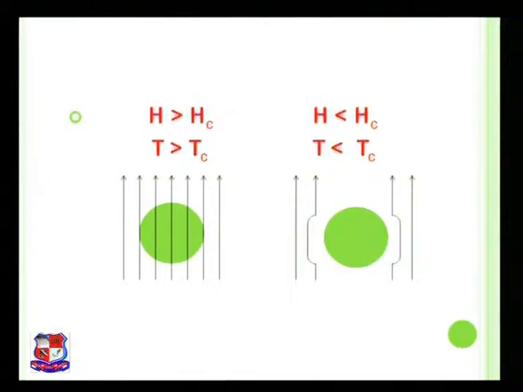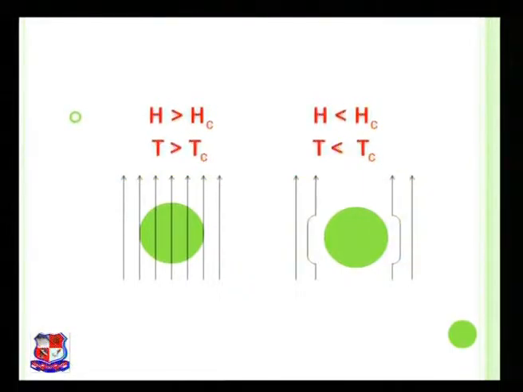Now you can see in the second diagram, the flux lines are not able to pass through that circle. That means the circle is a material under certain conditions: the field applied on it is less than the critical field and the temperature applied is less than the critical temperature. Below the critical temperature, the material behaves as a superconductor.